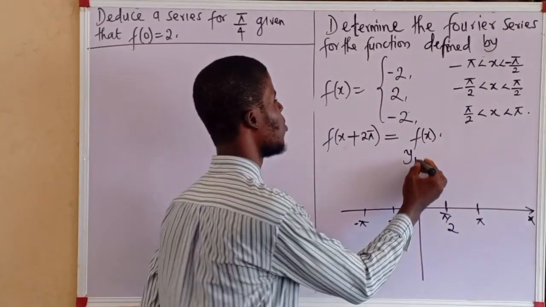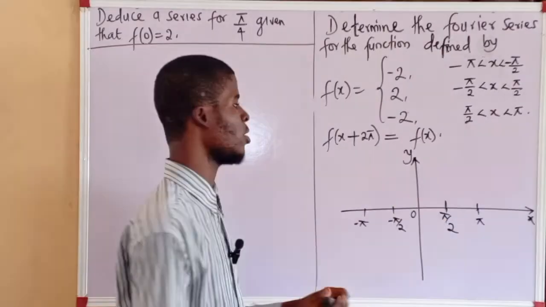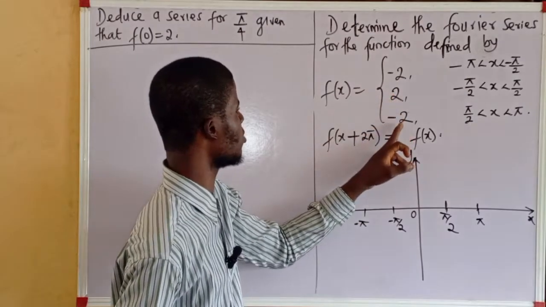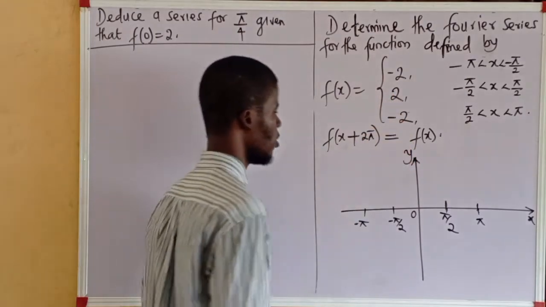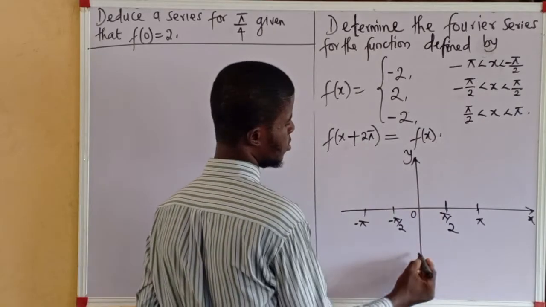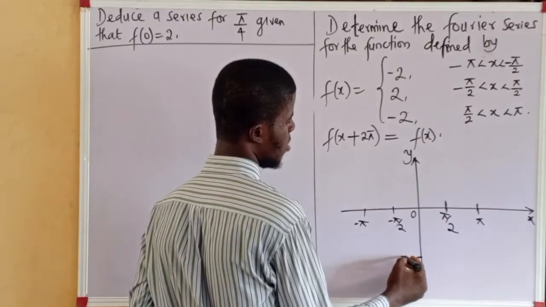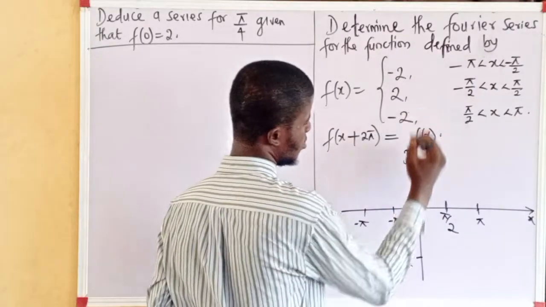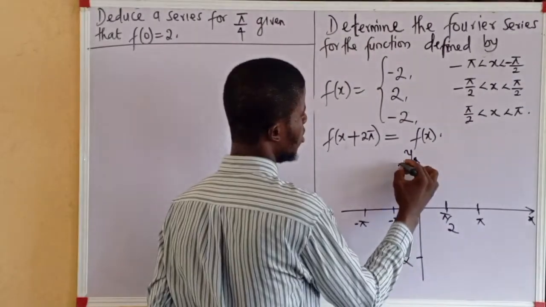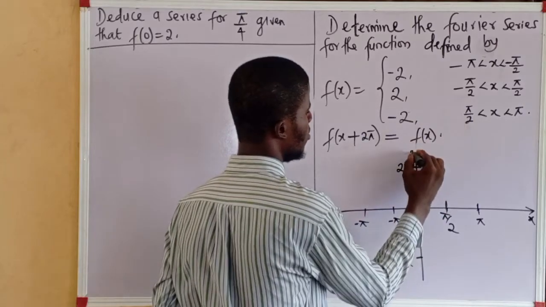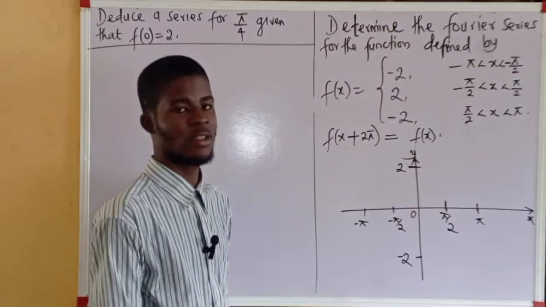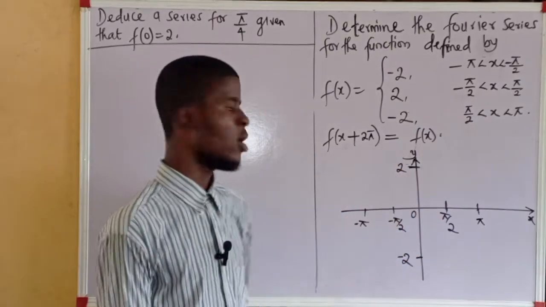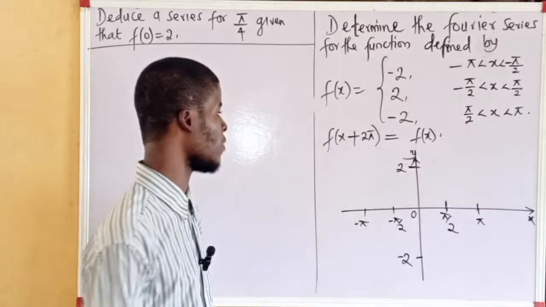The y-axis corresponds to f of x. So we are having -2, 2, and -2. This is -2, the negative y-axis, and let's say this is 2, the positive y-axis. We are assuming that the distance from here to here is the same as from here to here. It's just a rough sketch, not a perfect graph.